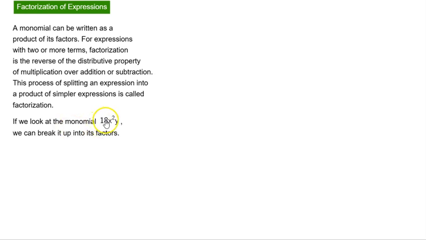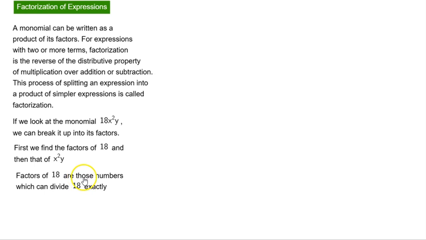If we look at the monomial 18x square y, we can break it up into its factors. First, we find the factors of 18 and then that of x square y. Factors of 18 are those numbers which can divide 18 exactly. Factors of x square y are those factors which can divide x square y.